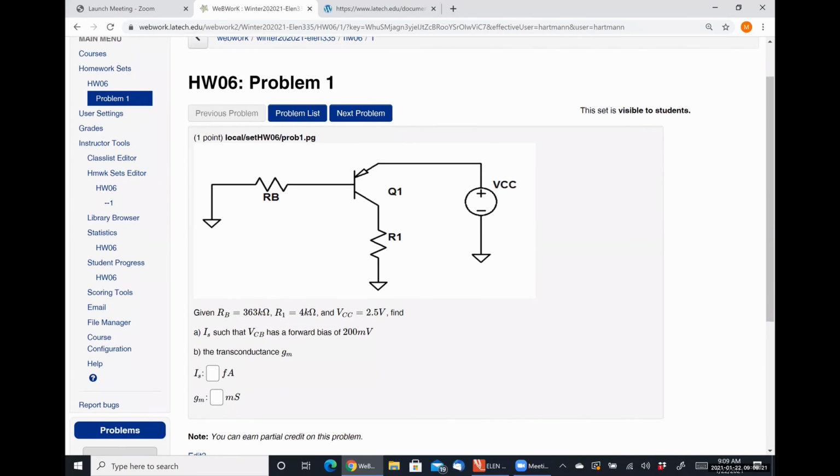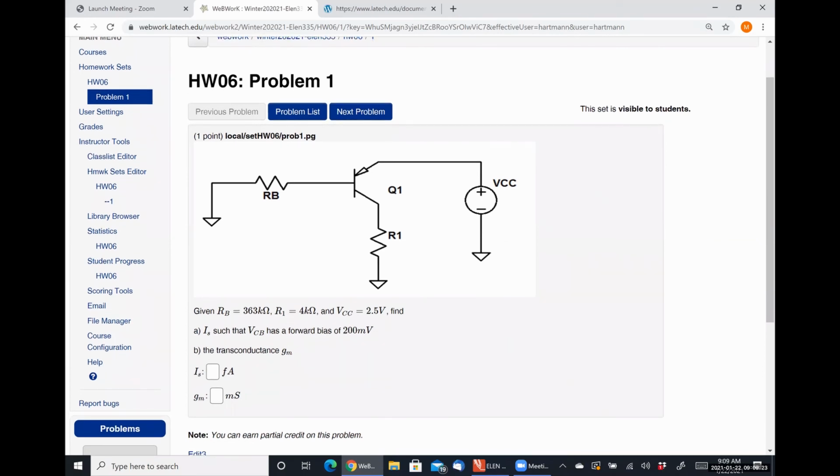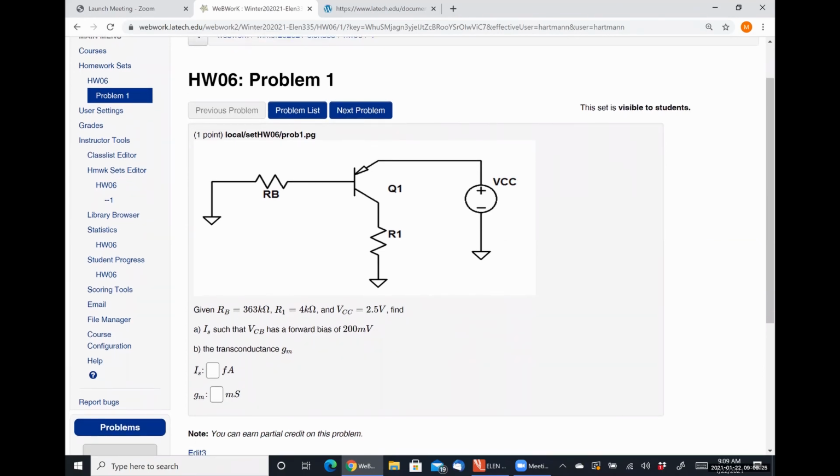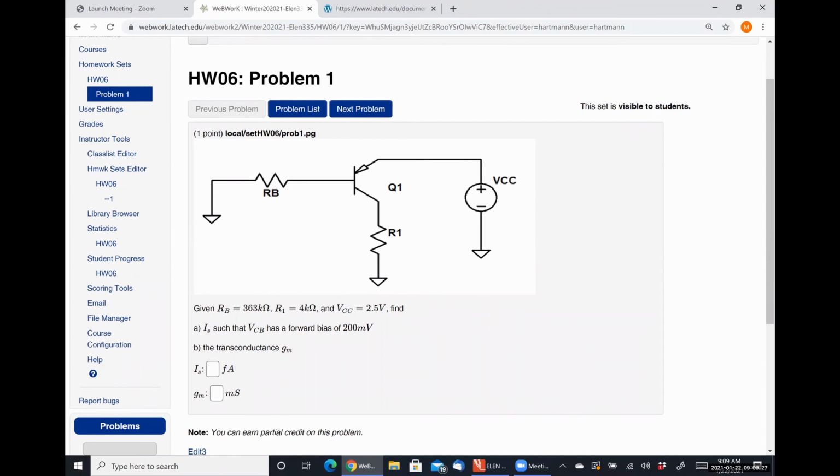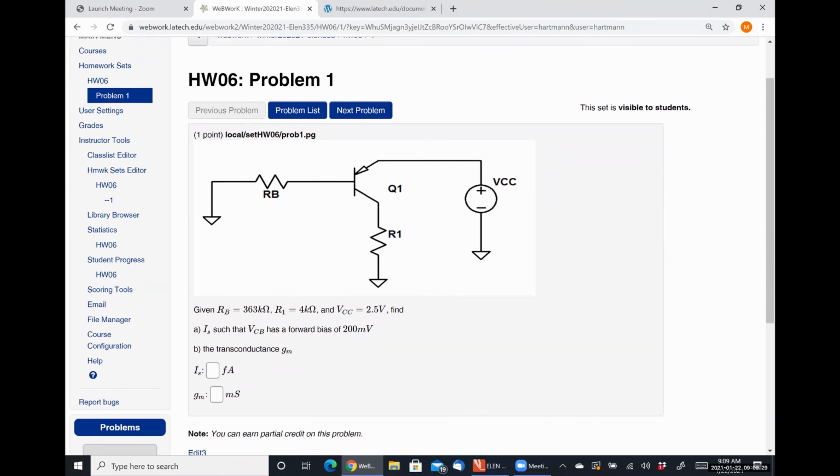We're trying to figure out what IS is such that VCB has a forward bias of 200 millivolts, and then we're trying to figure out what the transconductance is. So we have some bias resistors in place. I think that one should be fairly easy. Next problem.